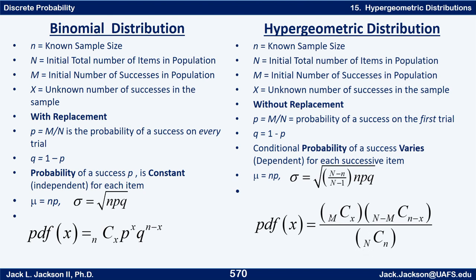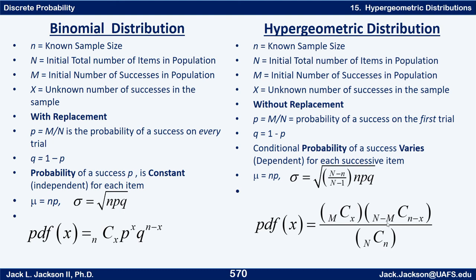So let's go once again through these parts. This x is how many successes in your sample. You're choosing those from M successes in the population. Then capital N is the population size, so capital N minus capital M is the number of failures in the population, and the number of failures that we're choosing for our sample is the sample size minus how many were successes.